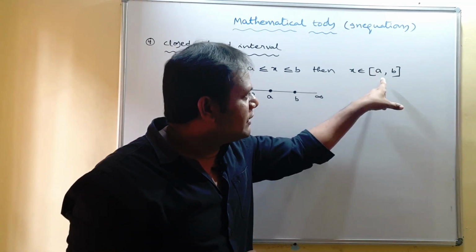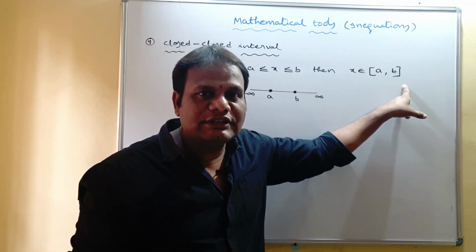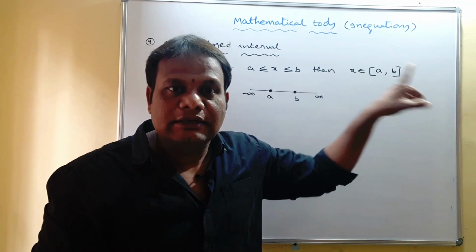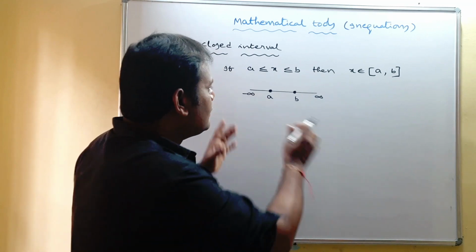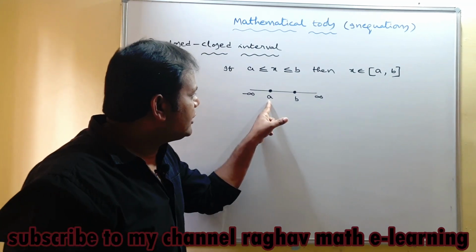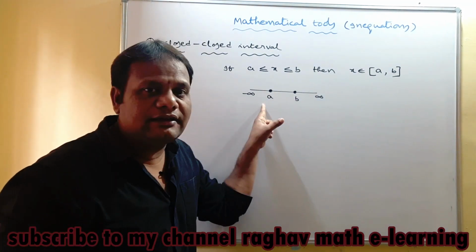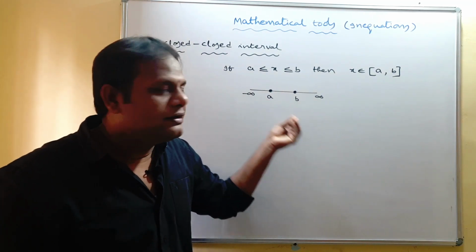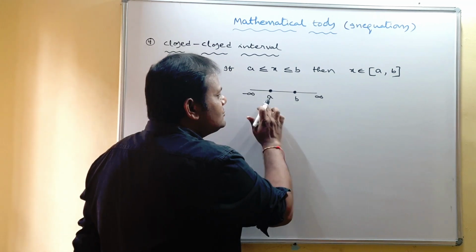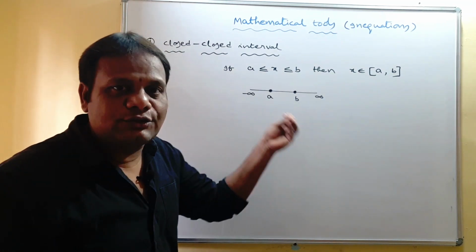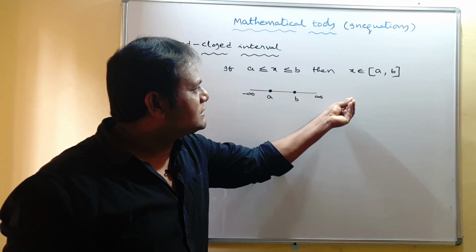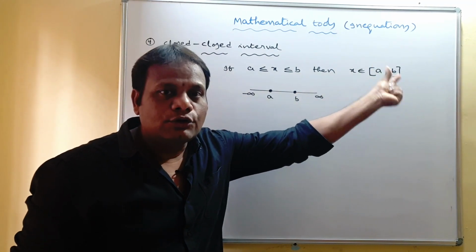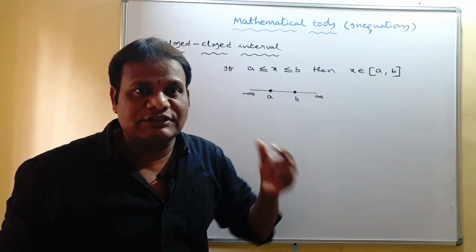Closed interval a means a is included. Closed interval b means b is included. On the real line also I have taken dark circles at a and b. Why? Because a and b are included, and also all the values between a and b are solutions. So we represent this with x belongs to closed interval a comma closed interval b.